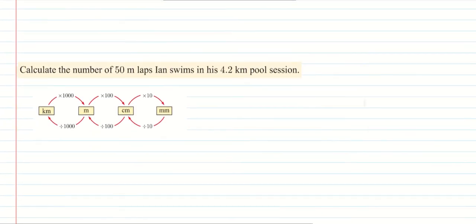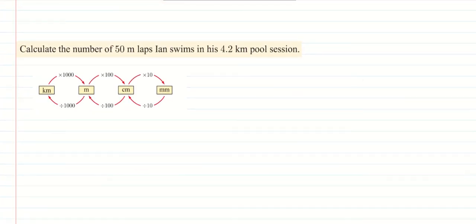Okay, the other thing that we might have to do is some more challenging worded questions. And again, if we're doing anything like this, we have to be able to work in the same units. And if I have a look at this question, it says calculate the number of 50 metre laps Ian swims in his 4.2 kilometre pool session. So we want our answer to be in metres.